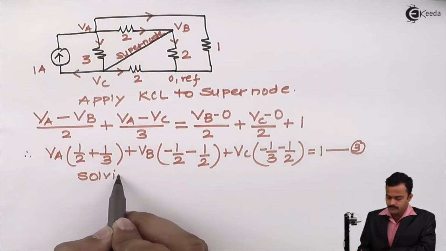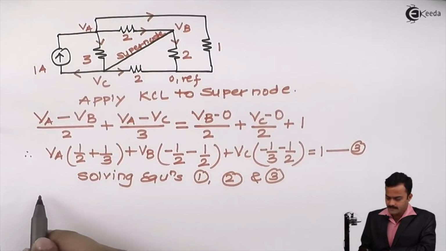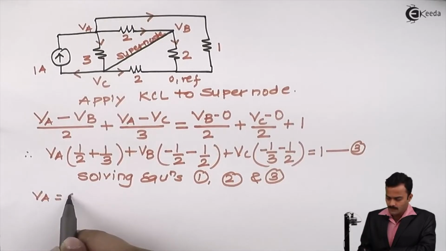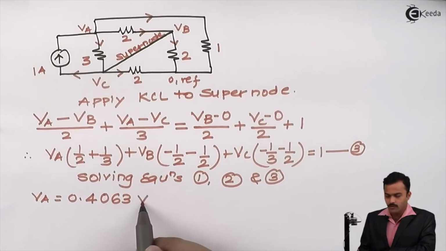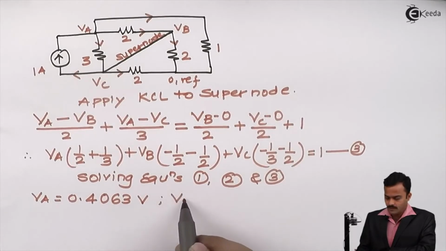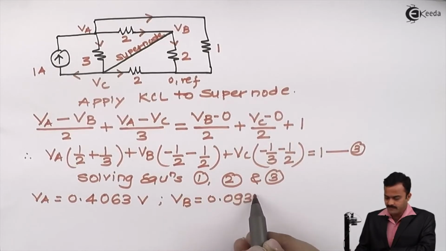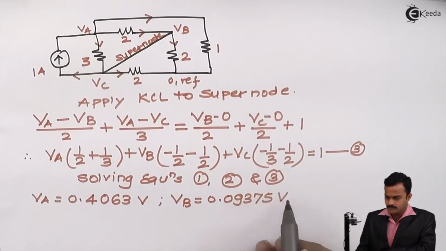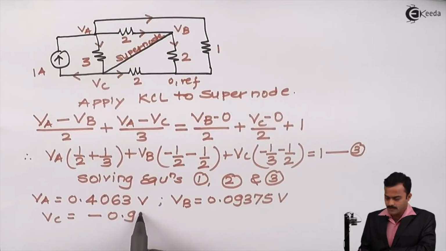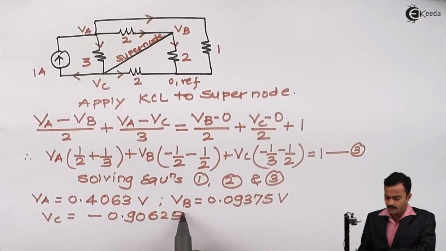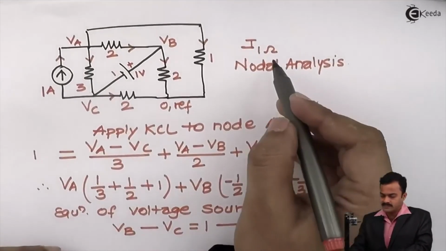The solution will give you VA as 0.4063 volt, VB as 0.09375 volt, and VC I will get as minus 0.90625 volt.